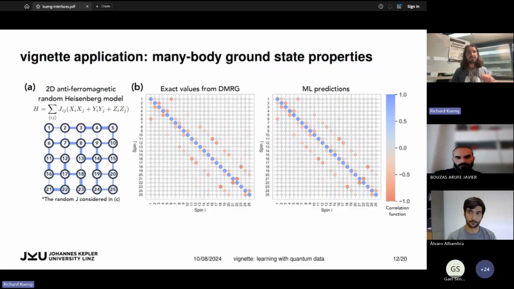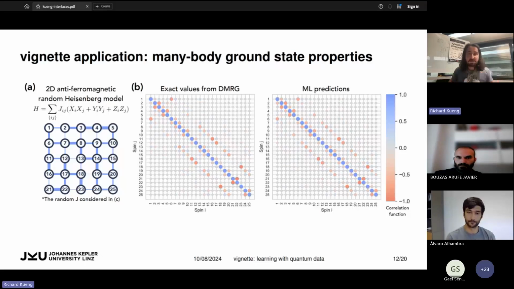We solved random Heisenberg instances, let's say 10,000 times, got 10,000 descriptions of ground states, took the classical shadows thereof, and then fed these 10,000 classical shadows into a classical machine learning model that came up with a fully classical function where you can now input a new coupling table and you get the correlation matrix. And this is what you see on the very right.